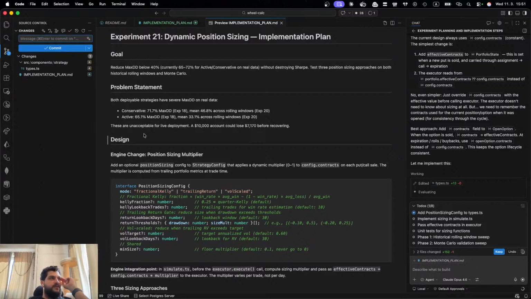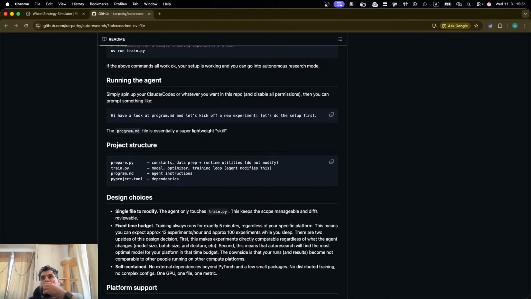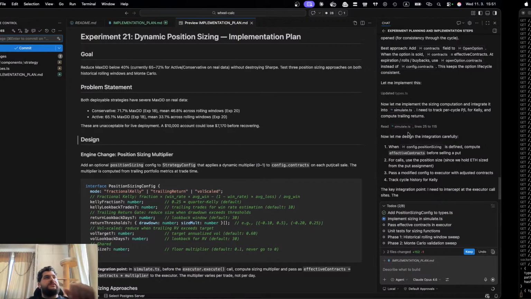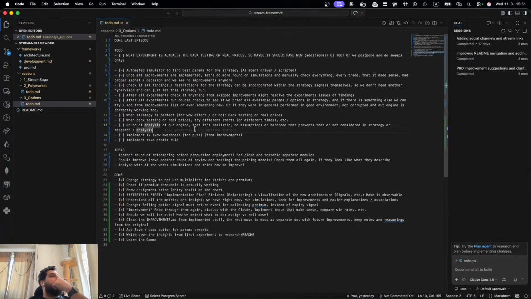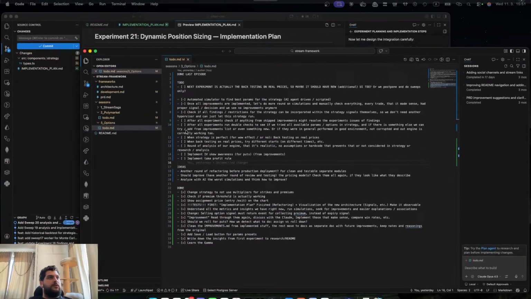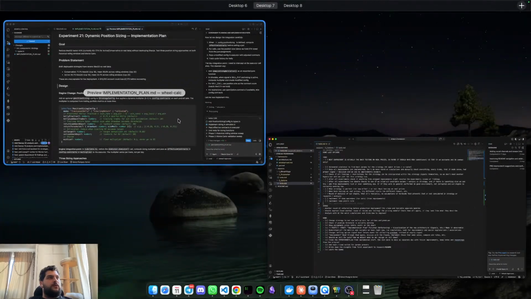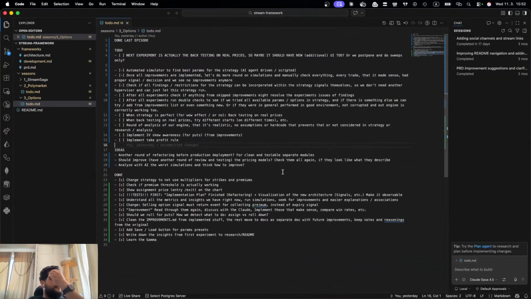I don't want to wait and see it like this. Maybe we can go ahead and see something else from our list here, for example, design a new UI for backtesting. Let's take a look at what we have here. I'm sure we can do something from here.